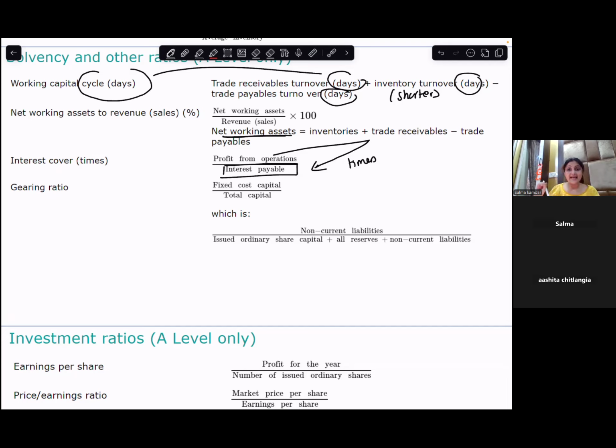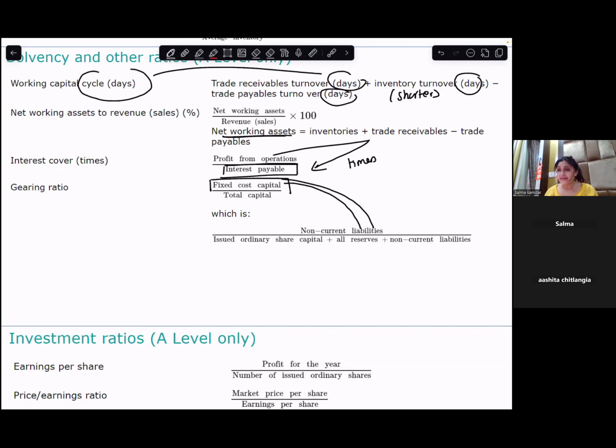What is gearing ratio? It is your fixed cost capital. Fixed cost capital means capital that is going to take a fixed amount of interest, which is your non-current liability. Another name for your non-current liability is fixed cost capital. So gearing ratio is basically your fixed cost capital divided by your total capital.